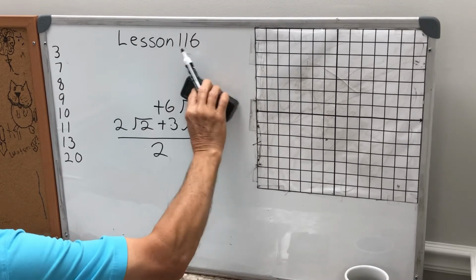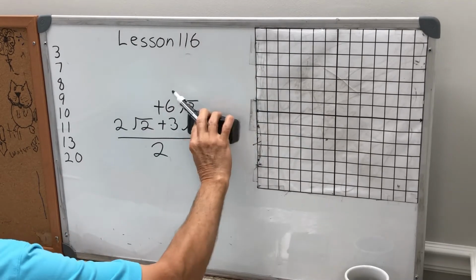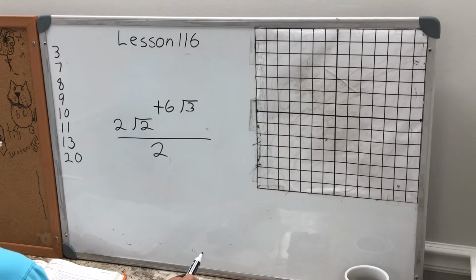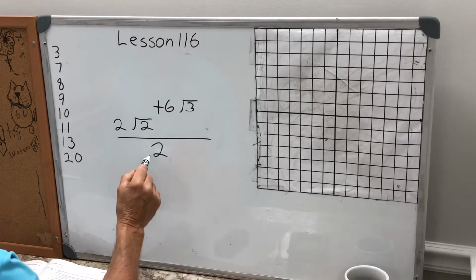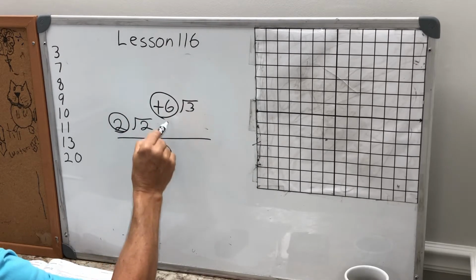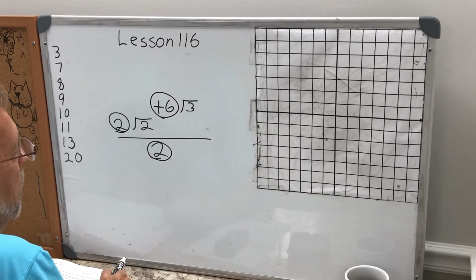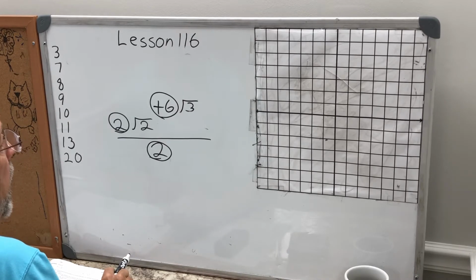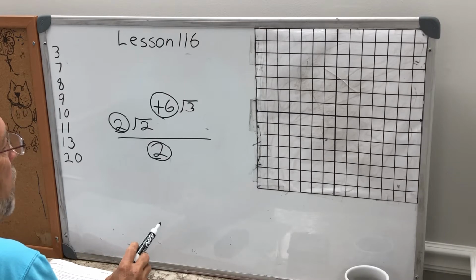Still there? Did I go too fast for you? Now what can we do yet? There's one more thing that we can simplify. Watch these numbers in front of the square roots: 2, 2, 2. Can they all be reduced? Now, remember, they all have to be able to be reduced. You cannot reduce 2 of the 3 or any less than all of them.